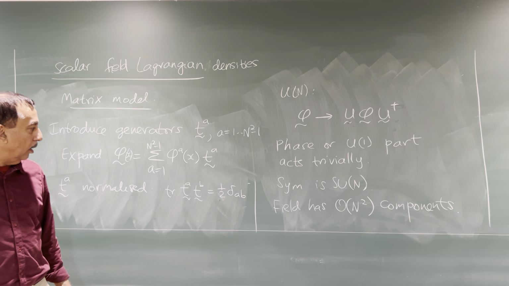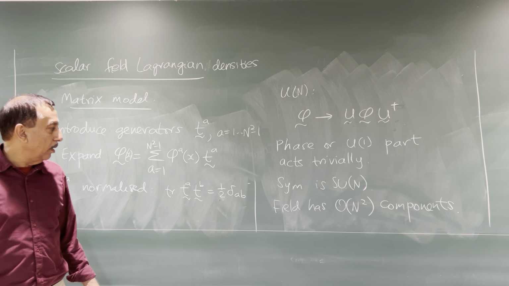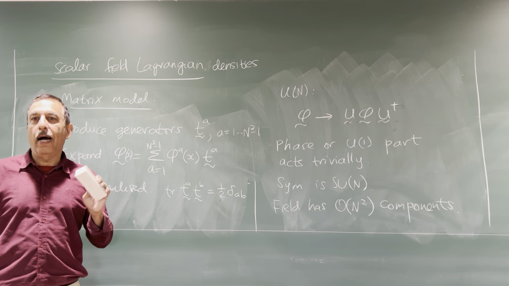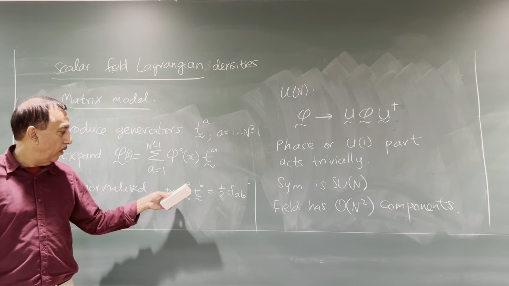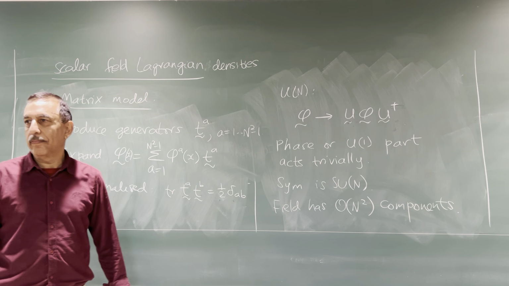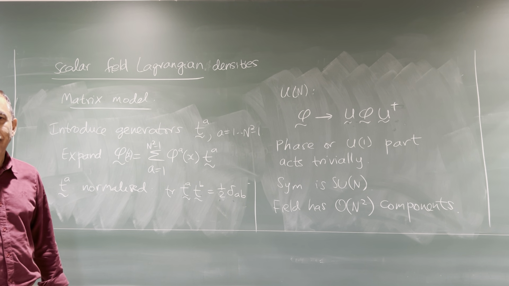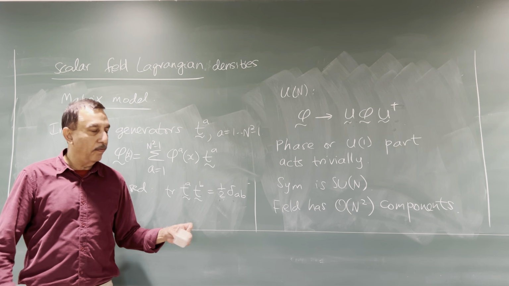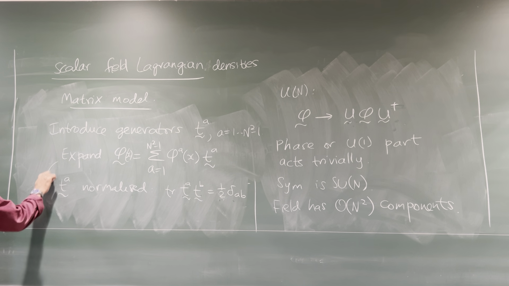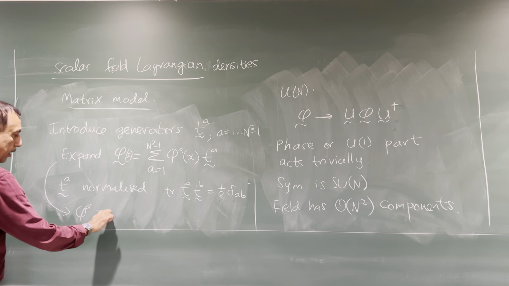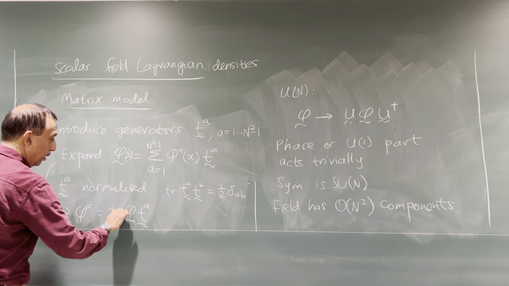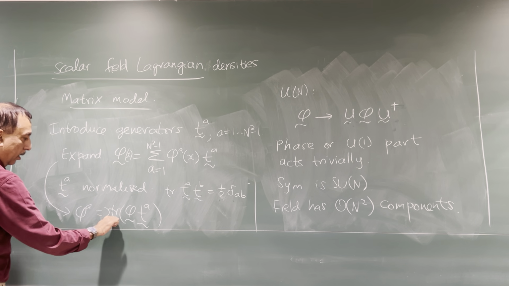Since you're familiar with Pauli matrices, you know that the T's for SU(2) in the fundamental representation are half the Pauli matrix, and you can verify that trace of half sigma^A, half sigma^B is exactly that. Okay, so it's consistent with SU(2), but we choose this half for all SU(n) once and for all. In that case, it follows from this expansion that phi^A is the trace of the matrix phi and the matrix T^A, these two matrices multiplied, times 2.